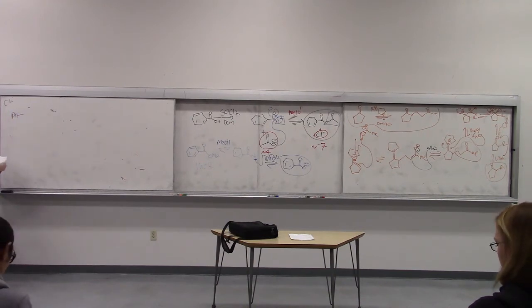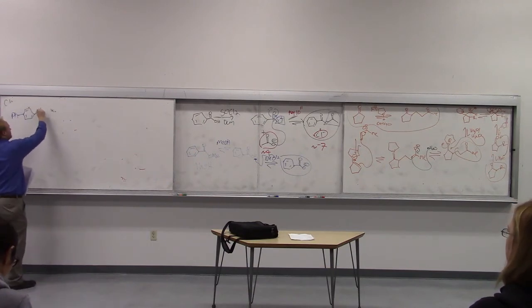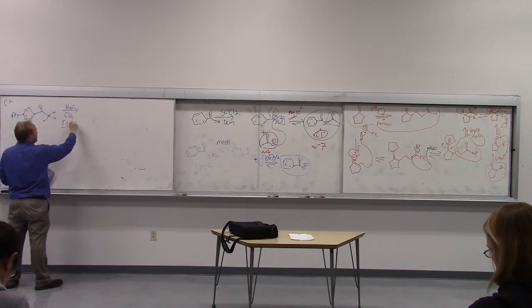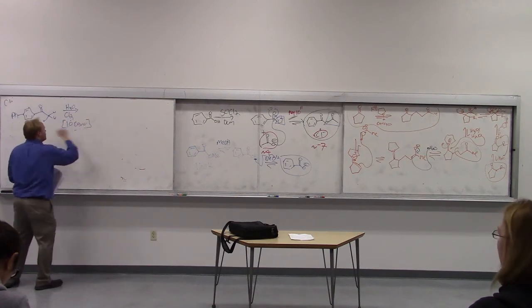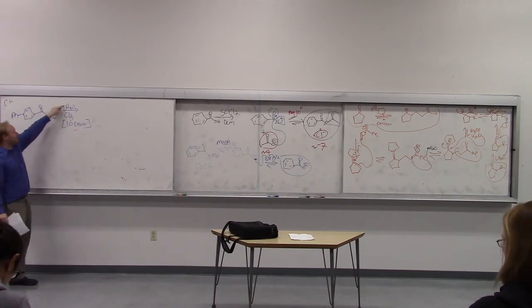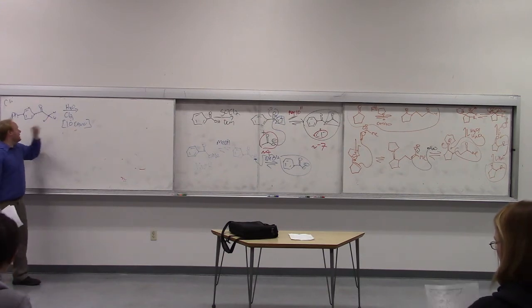Now it's fun with enolates. So if I take some kind of ketone or aldehyde that has some alpha hydrogens, throw in some H3O+, some Cl2, only one equivalent of Cl2, what will the product be?